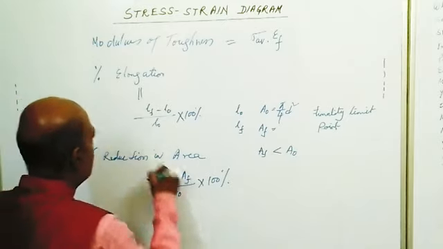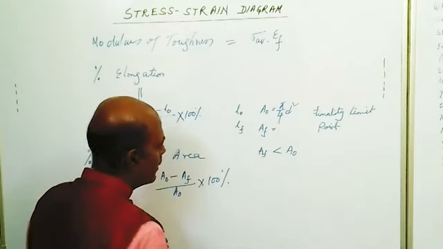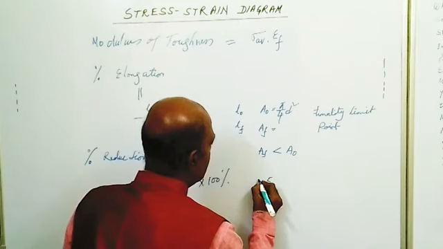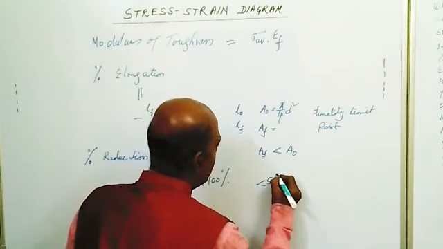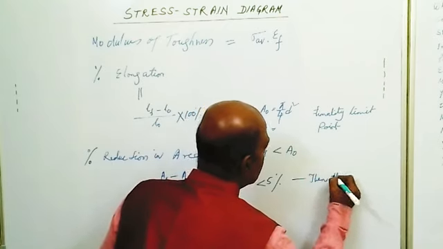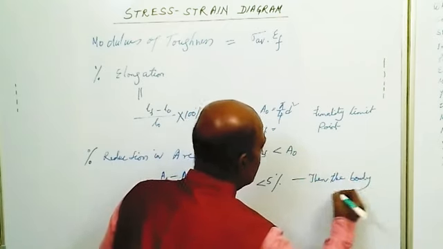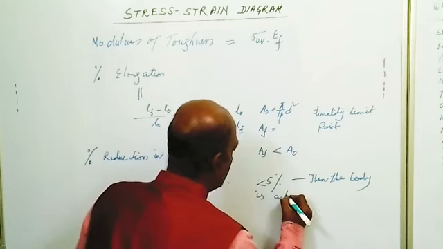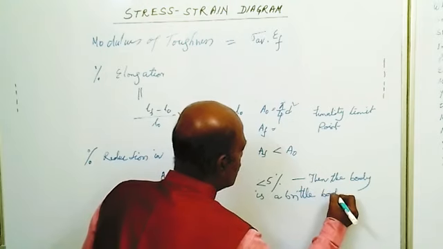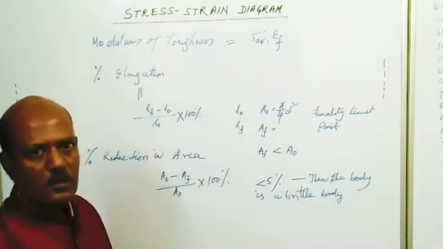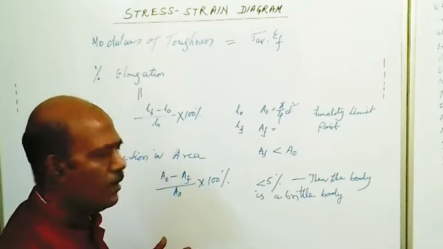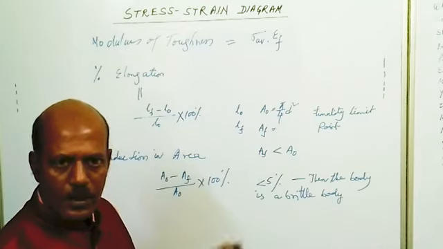So if the percentage of elongation or reduction in area is less than 5%, then the body is a brittle body, like cast iron also will fall here.